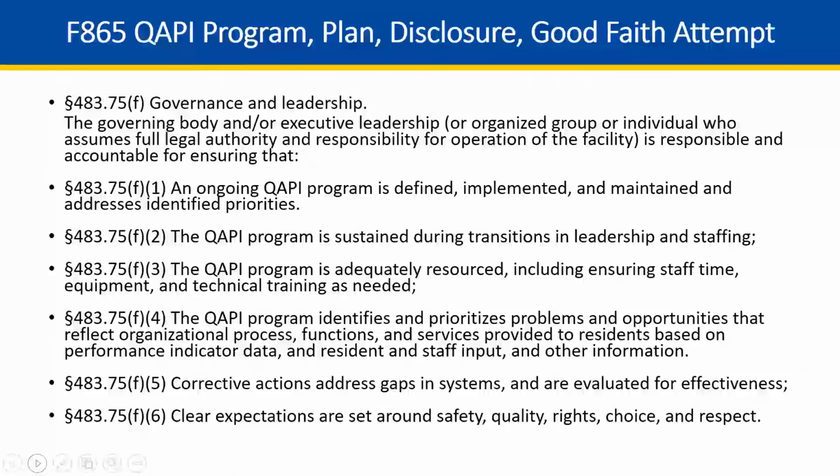The governing body and/or executive leadership, or organized group or an individual who assumes full legal authority and responsibility for operation of the facility, must ensure the QAPI program is defined, implemented, and ongoing, addresses identified priorities, is sustained through transitions in leadership and staffing, has adequate resources, including staff time, equipment, and technical training as needed, uses performance indicator data, resident and staff input, and other information to identify and prioritize problems and opportunities, implements corrective actions to address gaps in systems and evaluates actions for effectiveness, and establishes clear expectations around safety, quality, rights, choice, and respect.